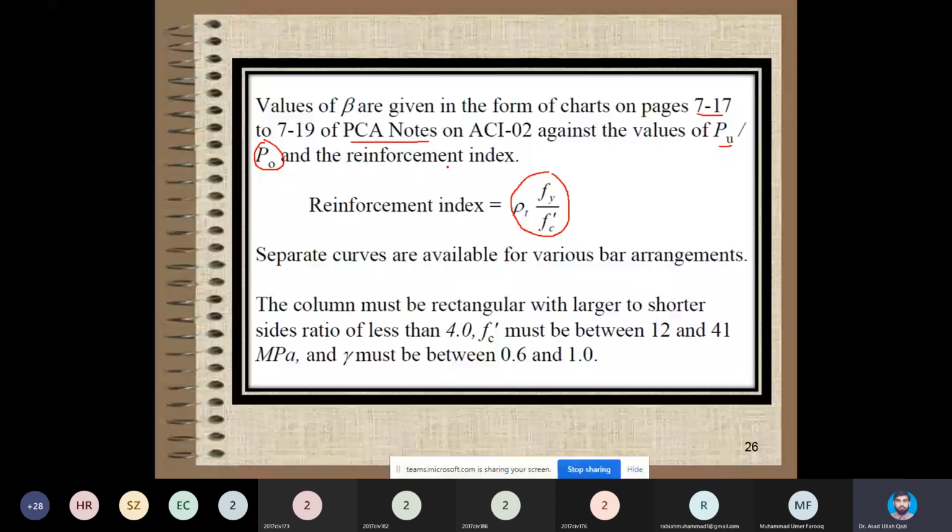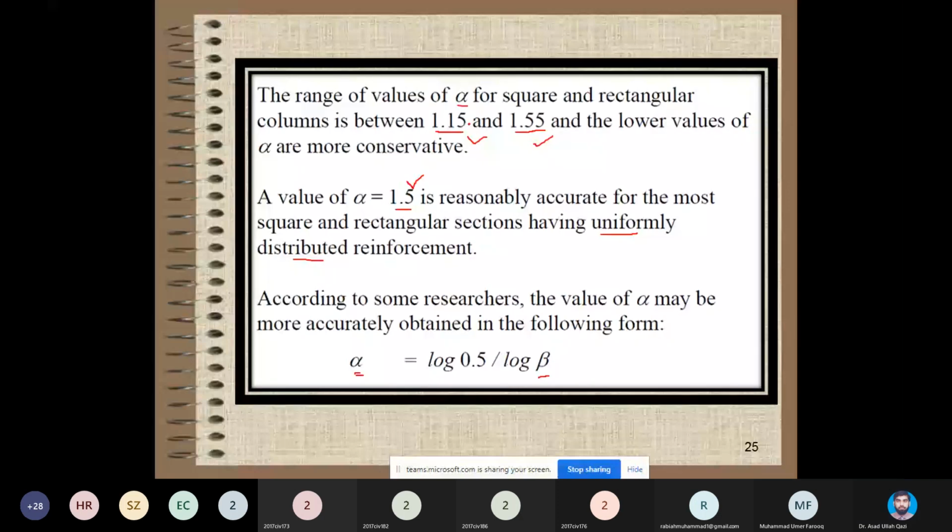And the lower value of alpha is more conservative. The charts are available with larger to shorter sides of the column up to 4, so one side of the column is 300, the other side is 1200, quite rectangular with a large aspect ratio.